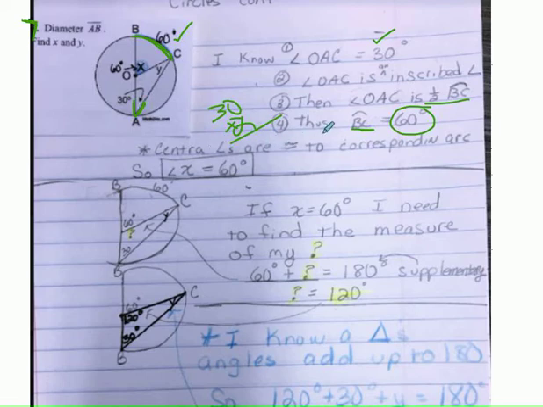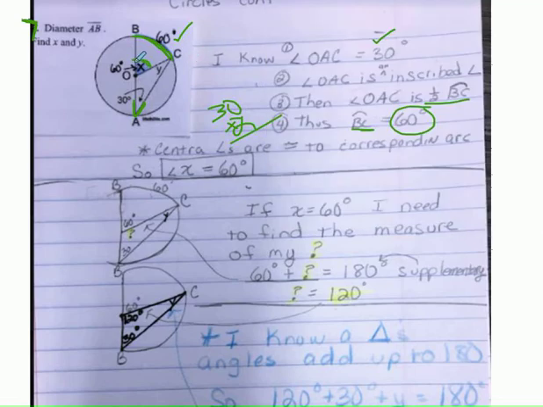So the central angles are equal to the corresponding arc. So angle X is also 60 degrees. So my central angle here, my X, let me use a different color, I'm going to use red.